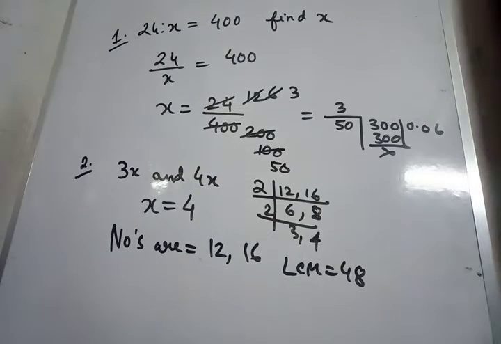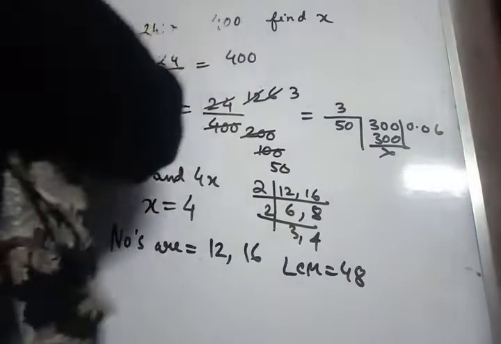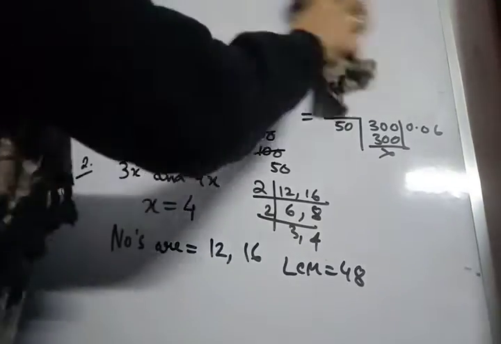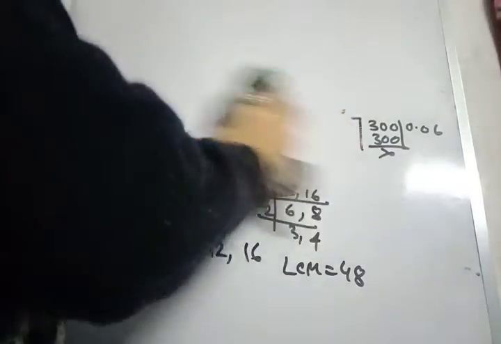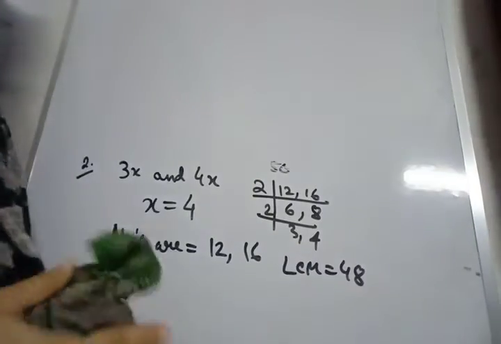Okay, next sum. Sum number 3. Sum number 3 is, if the ratio of angles of a triangle be 4:5:9, find the angles.